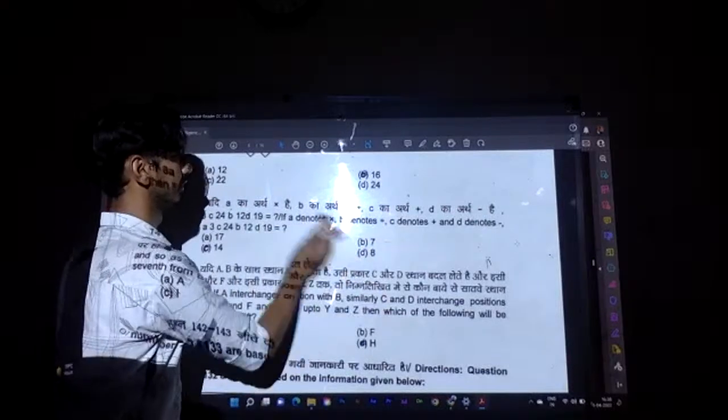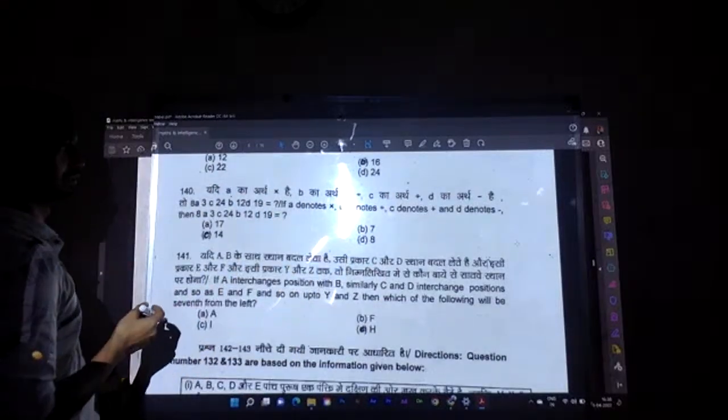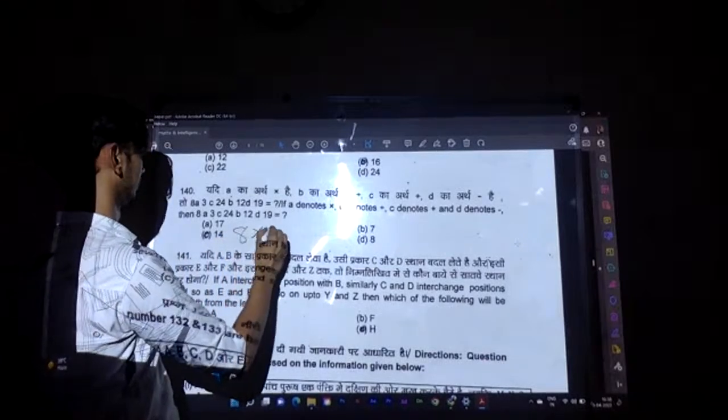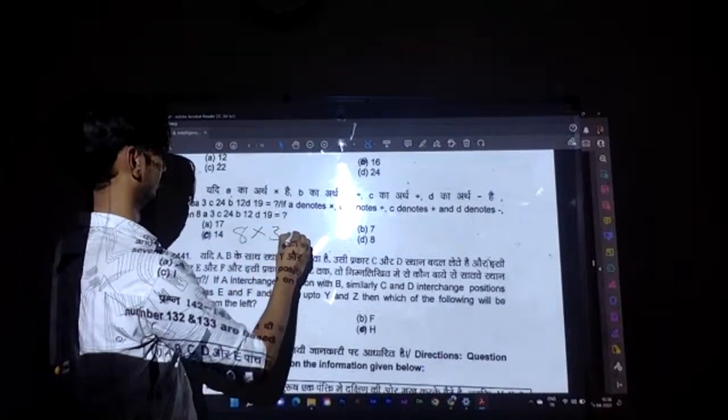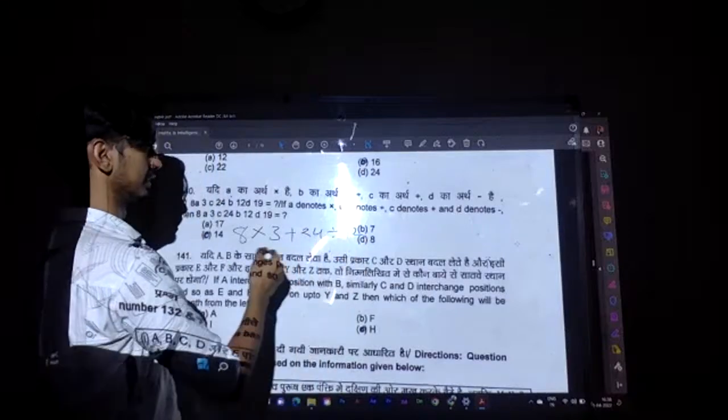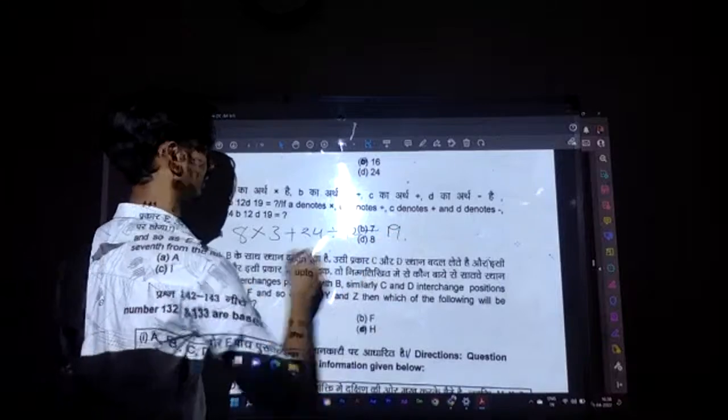In question number 140, this is the same type of question as question number 1. We just have to calculate 8 into 3 plus 24 divided by 12, minus 19.